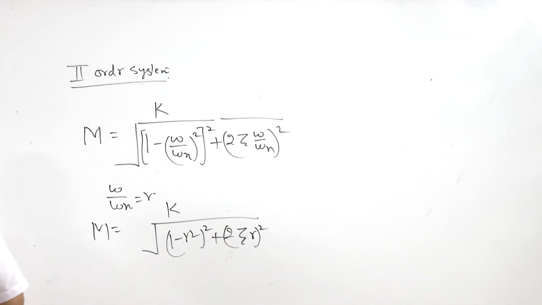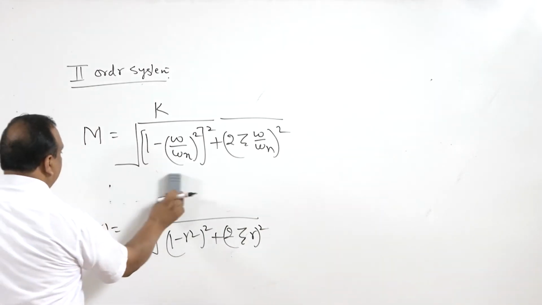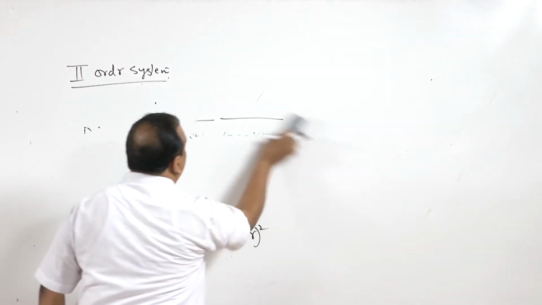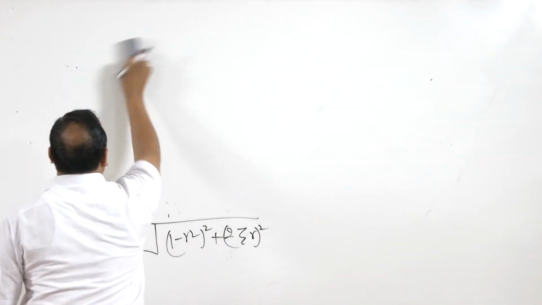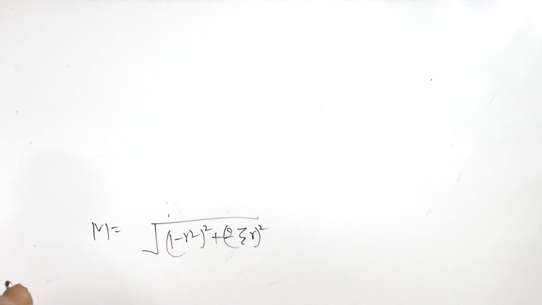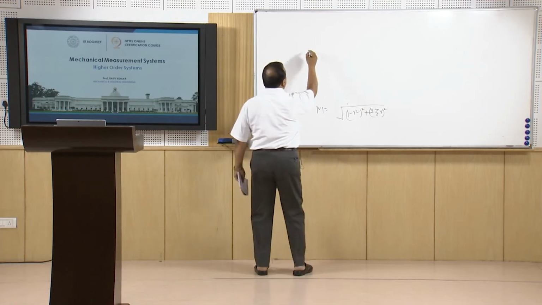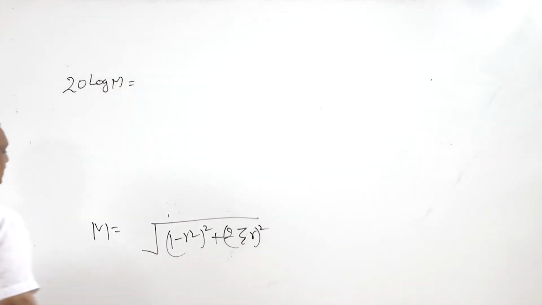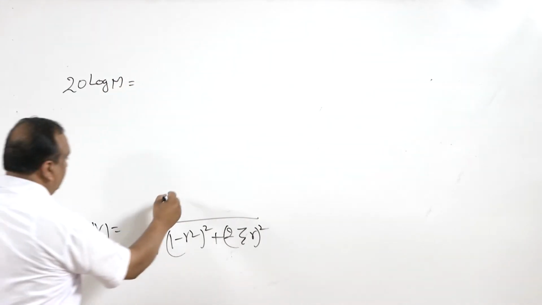Now here in this case also we can take the log of m, in order to find decibel, so 20 log m. Now this is k.